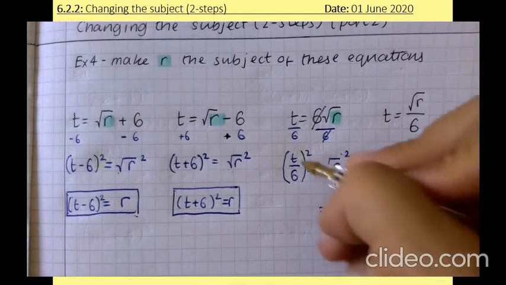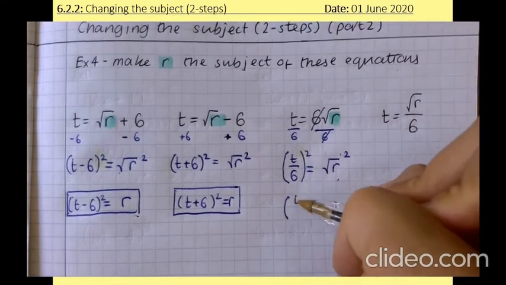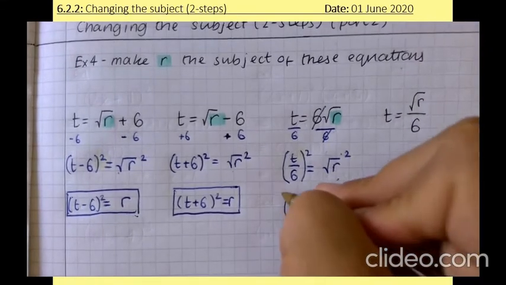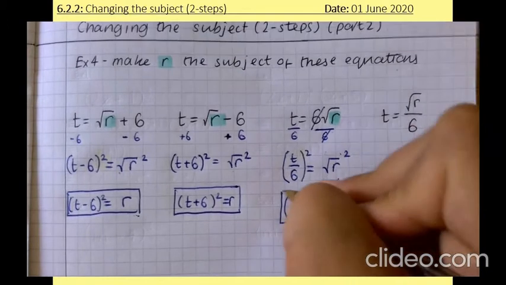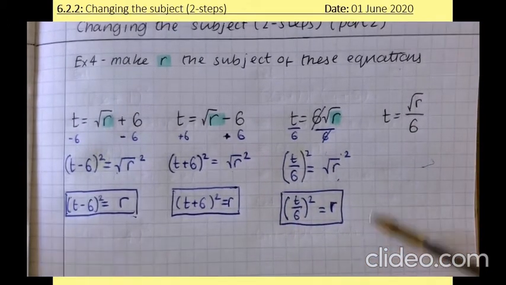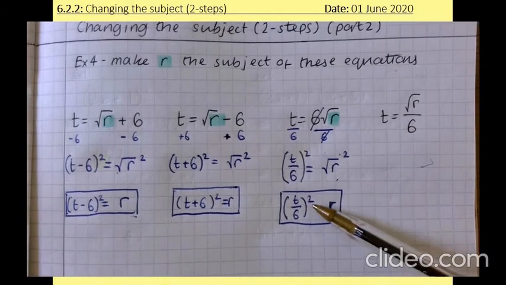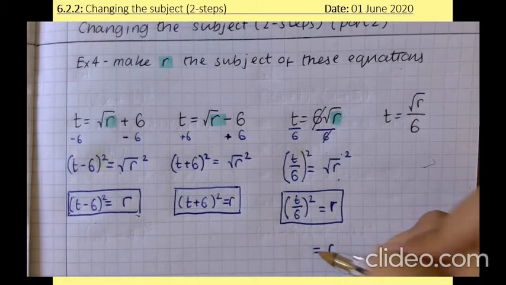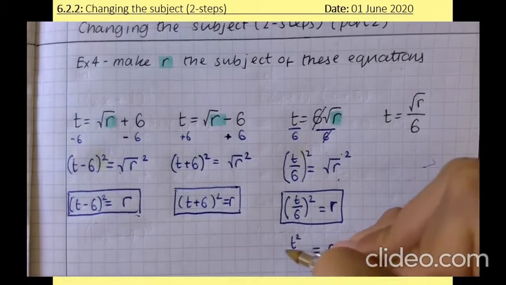And then I have t over 6, all squared, on the left-hand side. I have successfully made r the subject of this equation. Now I can actually square the numerator and square the denominator separately to give me a slightly different answer, t squared over 36.